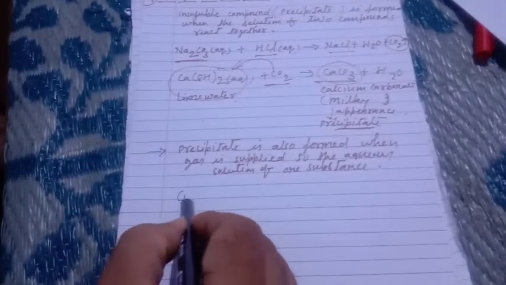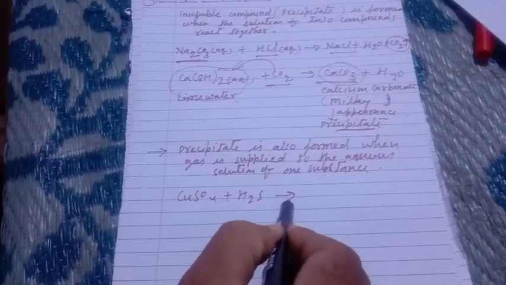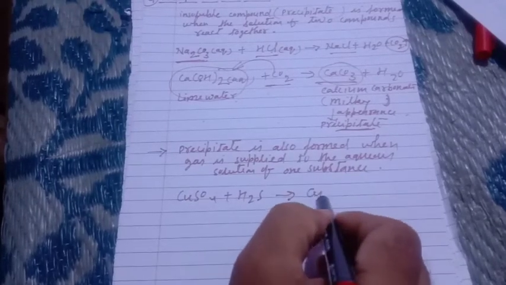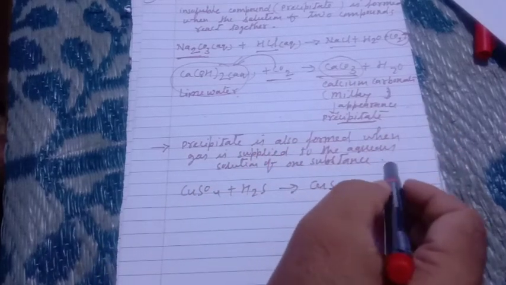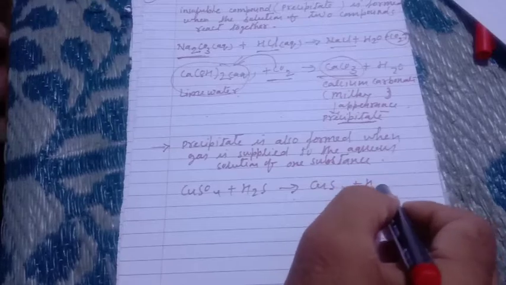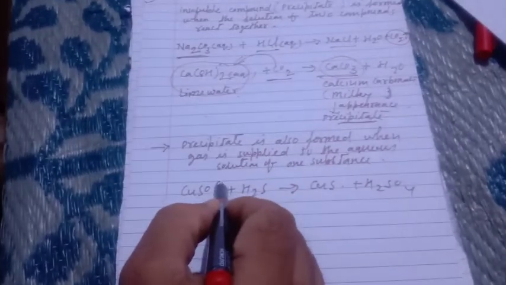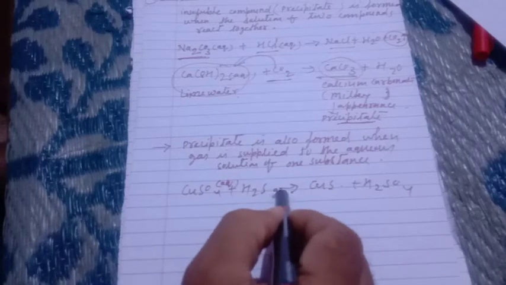And many other things are also there. Just see, this is copper sulfate. If H2S gas is supplied, you will get the precipitate of copper sulfide and H2SO4. So this is aqueous solution only, and what is this one?